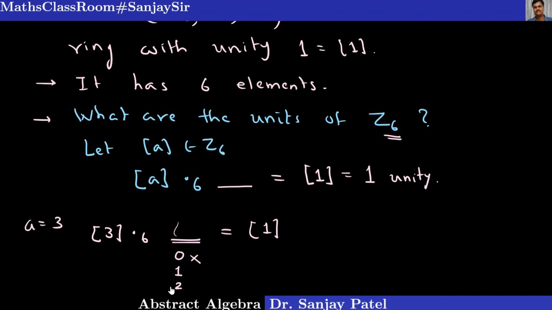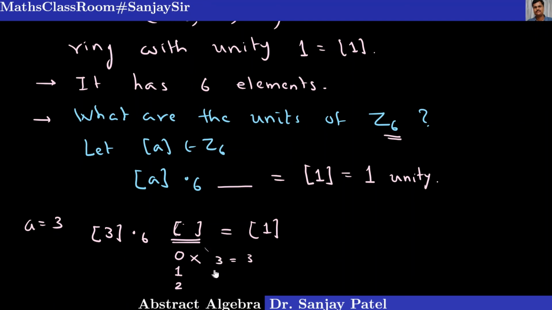If I put class 2, I have to fill this blank by putting 0, 1, 2, 3, 4 and check. 3 into 2 is 6, and 6 is 0. If I put 3 here, 3 3s are 9, and 9 is congruent to 3 modulo 6.